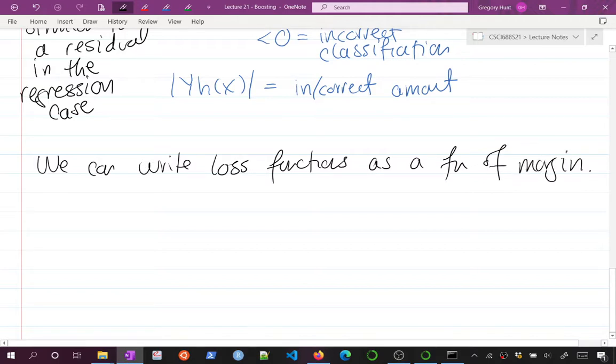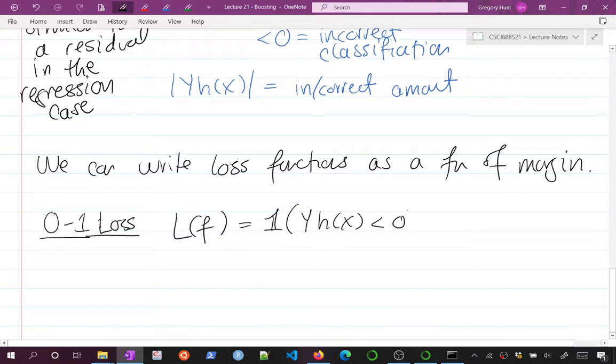So in the same way as in the regression case, where you can write this as a function of the residuals, we can write our 0, 1 loss, L of f, as the indicator that our margin is negative, right?